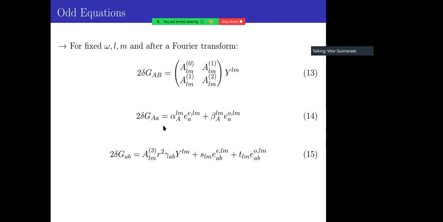So as far as the two sphere is concerned, this is a vector, which can be decomposed in a basis. This is the component of this basis vector, and so we have a vector.